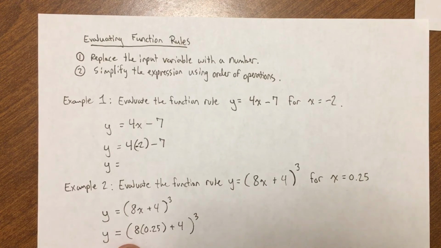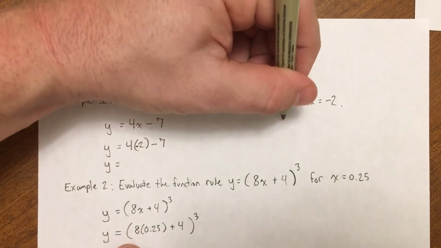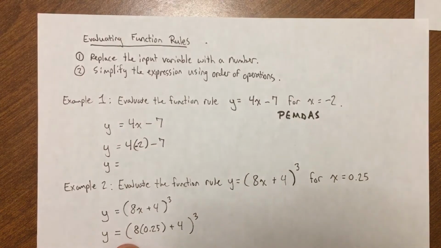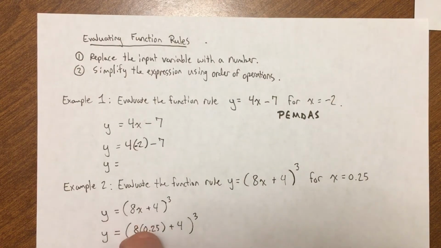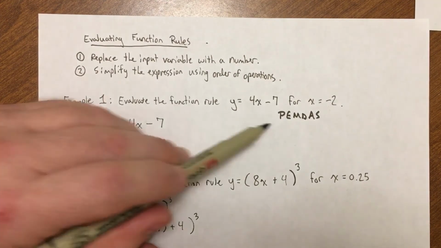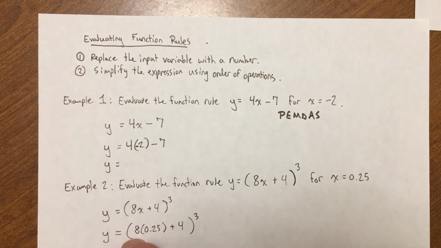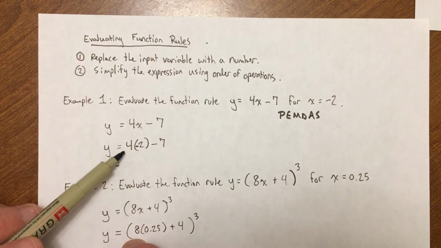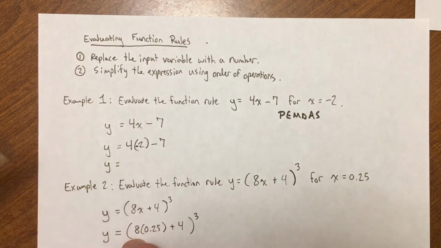Now we need to make sure that we follow our order of operations correctly. If you ever get stuck and forget what to do, sometimes it helps to write the mnemonic PEMDAS out just to help you remember the order of operations. Well, we don't have any groupings, so no parentheses, no exponents, but we do have multiplication, and that comes first.